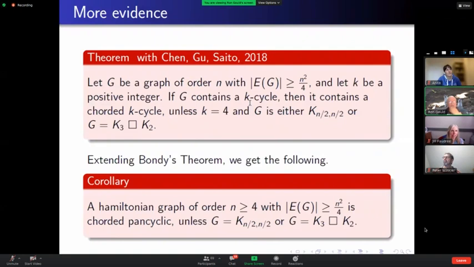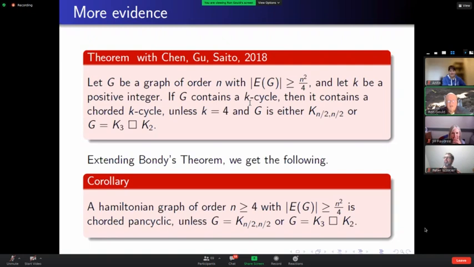Well, back in 2018, with Chen, Gu, and Saito, we were able to show that if G is a graph of order n with at least n squared over 4 edges, and let k be a positive integer, if G contains a k cycle, then it contains a chorded k cycle, unless k is 4 and G is either the complete balanced bipartite graph, or our old friend G6 here, K3 Cartesian product K2.